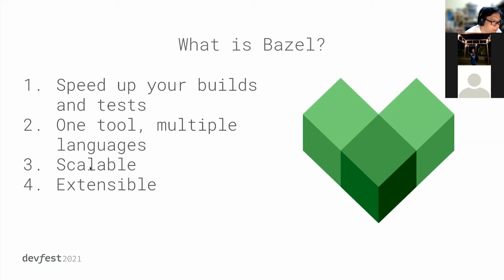And then scalable. As your code base grows, Bazel will also be able to handle the load and the files and stuff. And then extensible. I think this is also one of the selling points, because you can create your own build rules.